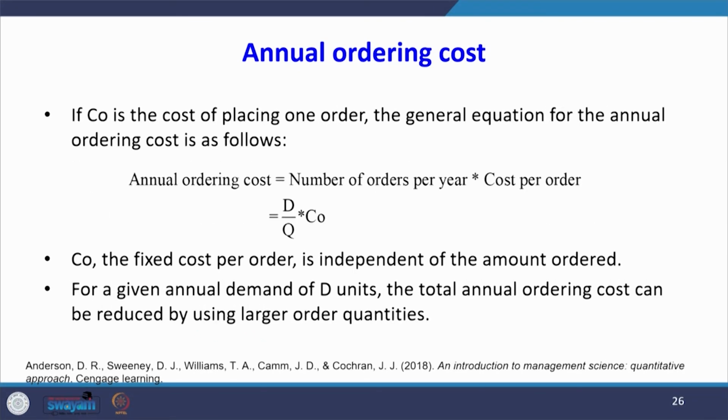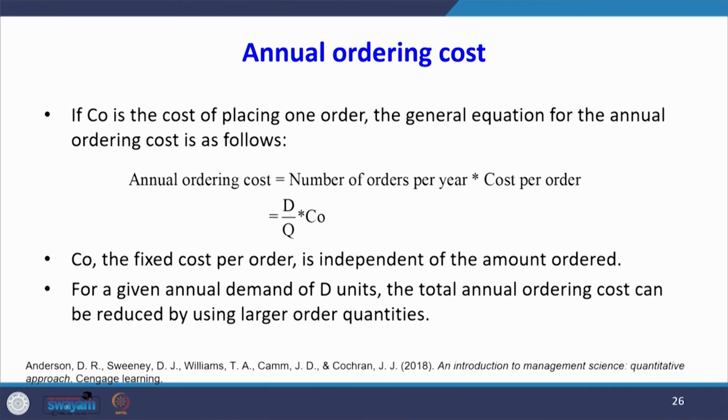If CO is the cost of placing one order, the general equation for the annual ordering cost is: annual ordering cost is number of orders per year multiplied by cost per order. What is the number of orders? D upon Q. What is the D? Annual demand. Q is quantity ordered. CO is cost per order.